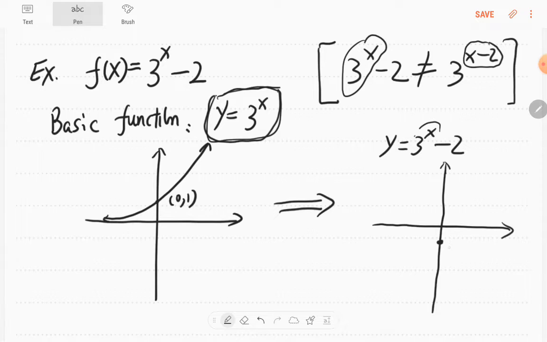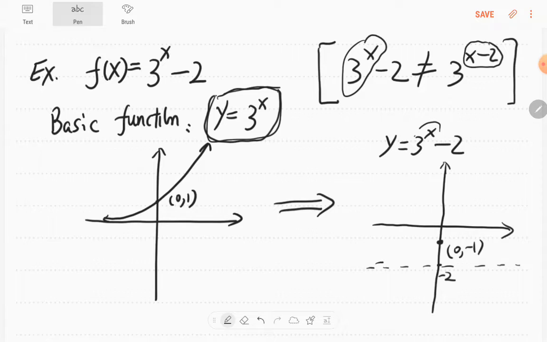So here is (0, -1). And the horizontal asymptote, from y equals 0 moving down 2 units, becomes y equals -2. So this is the horizontal asymptote.